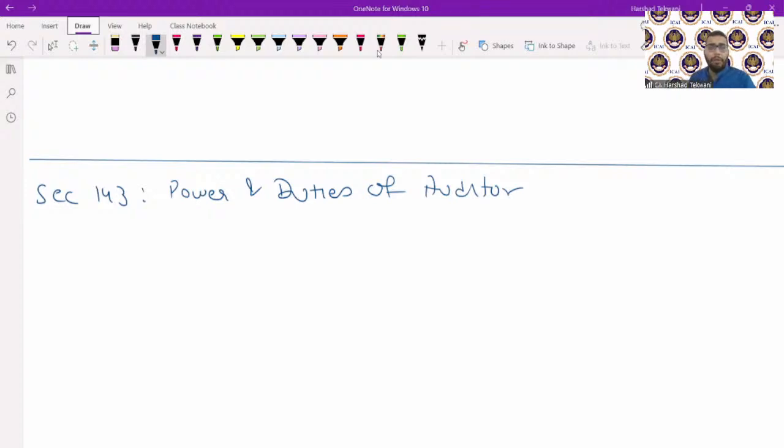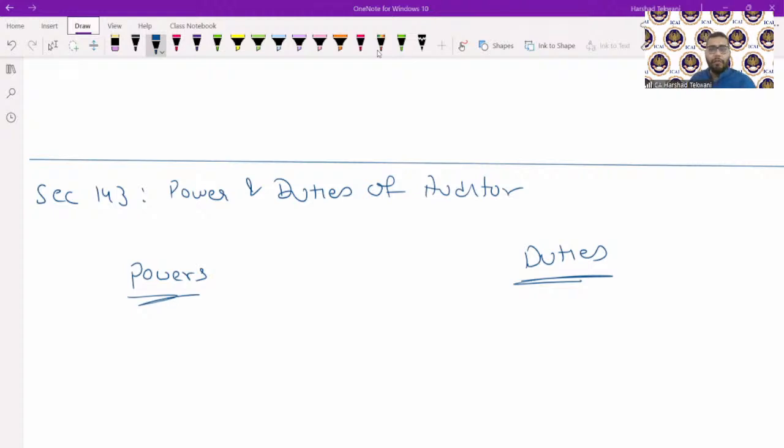Now, I'll bifurcate into two sections: powers and duties. Let's talk about duties first and powers second. So what are the duties?